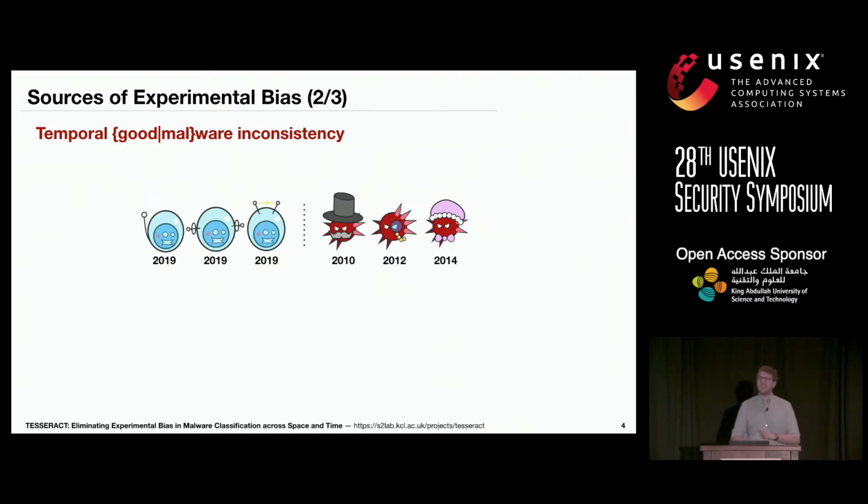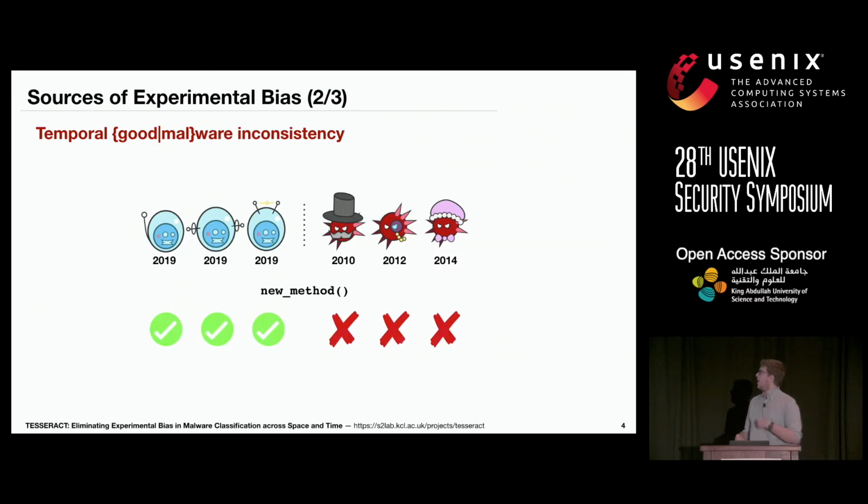And on the right, we have some pretty old-fashioned malware, which was maybe from some publicly available datasets. And let's say that last week, a new API comes out called new_method, and is enforced on all the goodware apps. So if we crawled the apps today, all the goodware will have this method, and all the malware will not have it.